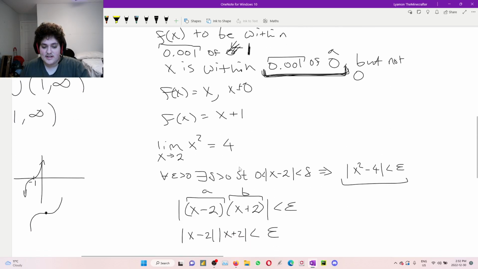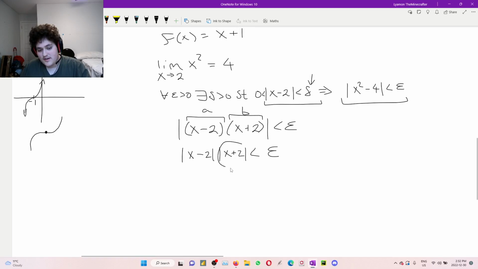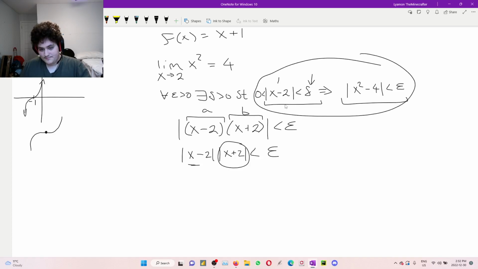So we want to get somewhere that looks like this, because then we can decide what we want delta to be. But the problem is that we have this. This is similar to this, but we have the x plus 2 term here. So what we can do is restrict delta right now. Remember, we can choose any delta we want that's greater than 0 to make sure that this implication holds.